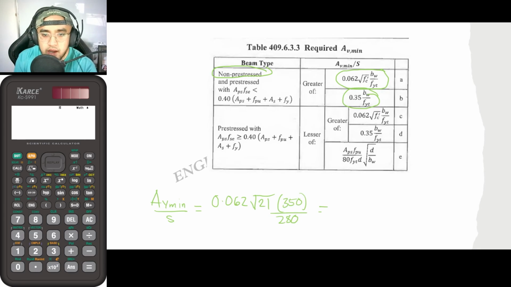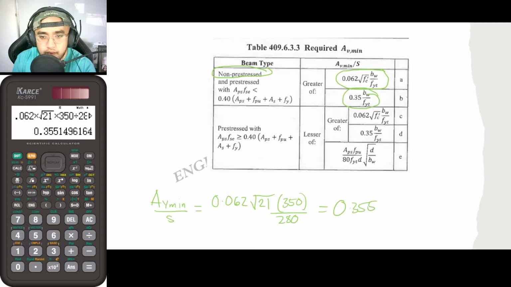So the answer here is equal to, looking at the calculator once again, 0.062 times the square root of 21 times 350 divided by 280. Answer here is 0.355. Okay, so this is millimeters squared per millimeter. So this is AV min over S. So what about for the second one here?